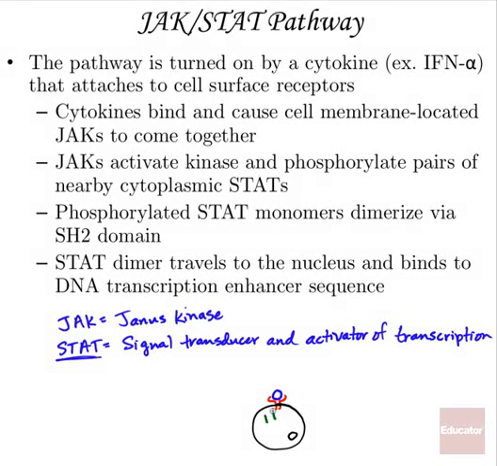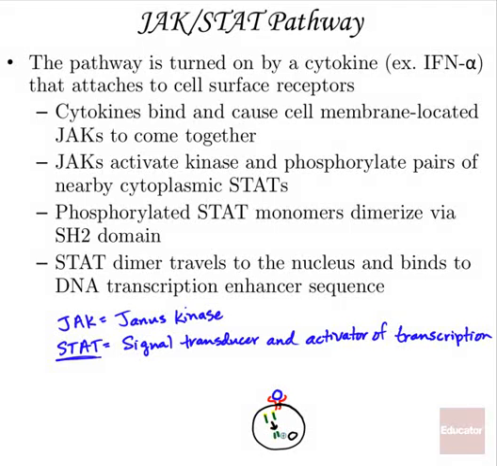Okay, they will be phosphorylated. We'll just say that it's a yellow piece. That causes them to dimerize. And they do that via a specific domain on the STAT molecule called an SH2 domain.